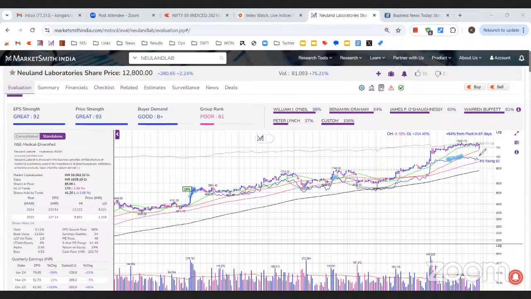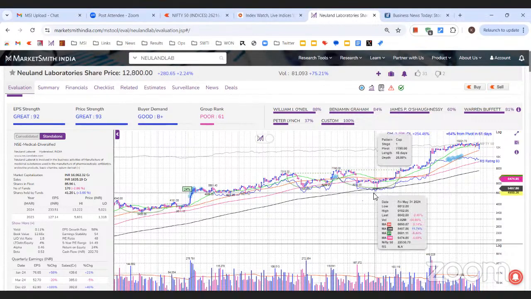If those levels are breached, you can start trimming your positions. It's a stage one base pattern, Newland Labs, which happened recently.